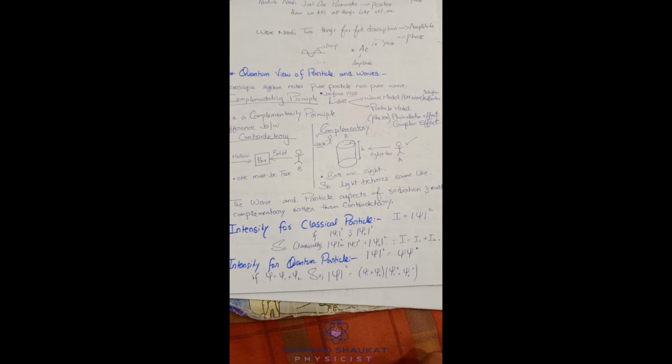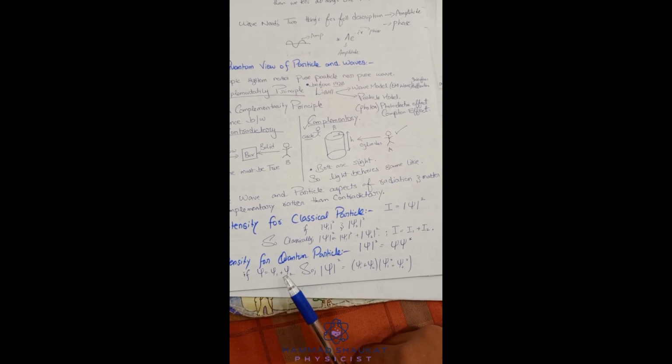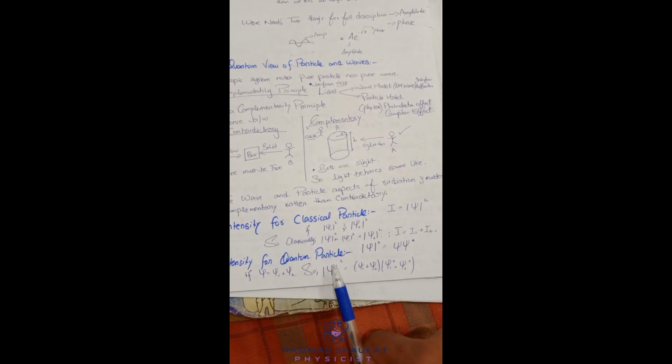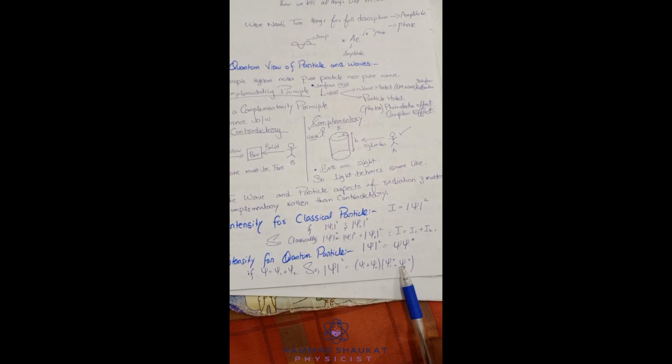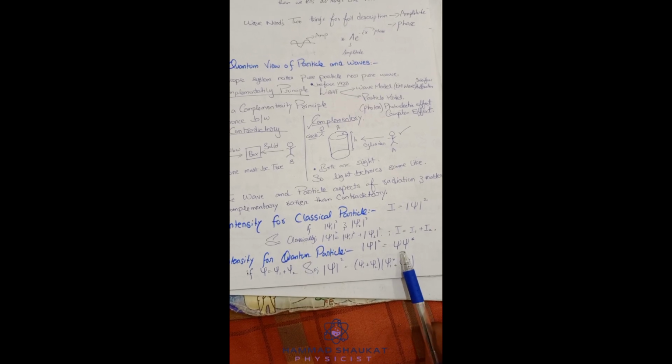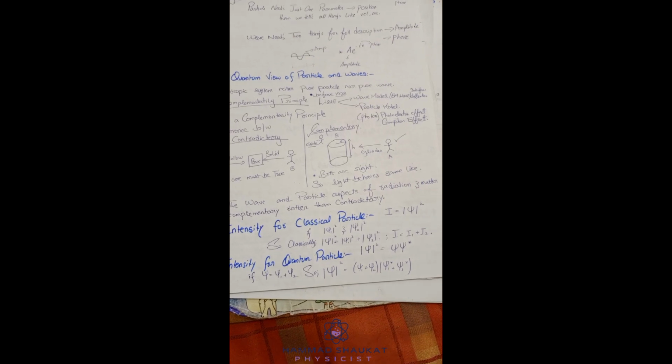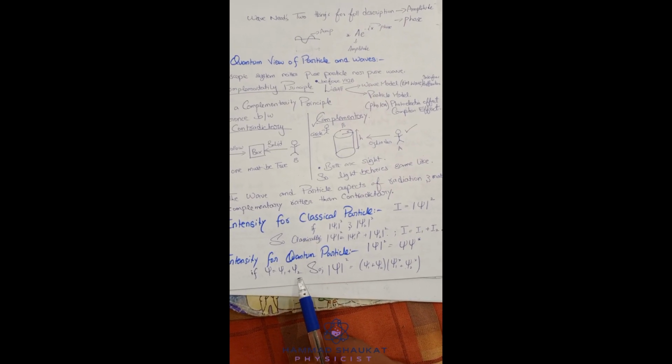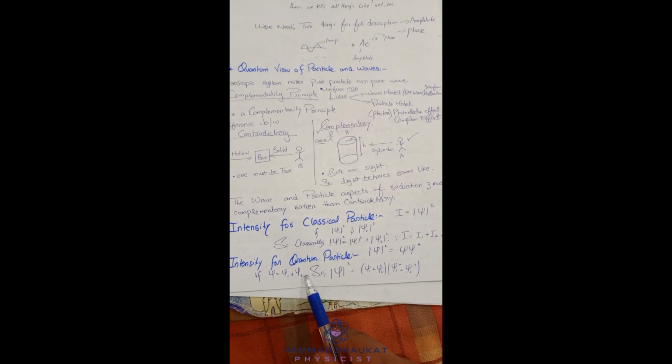find the superposition, psi square becomes equal to psi 1 plus psi 2 times psi 1 star plus psi 2 star. How this becomes, you just have to multiply both values of psi 1 and psi 2. Let's suppose psi 1 star and psi 2 star.